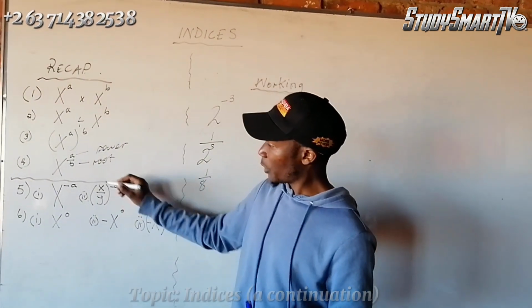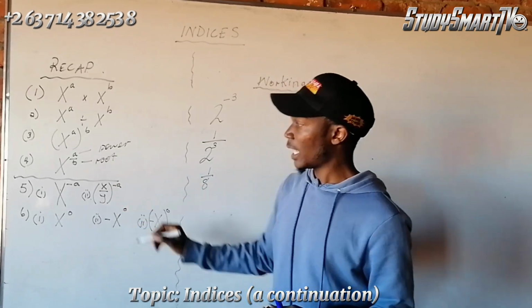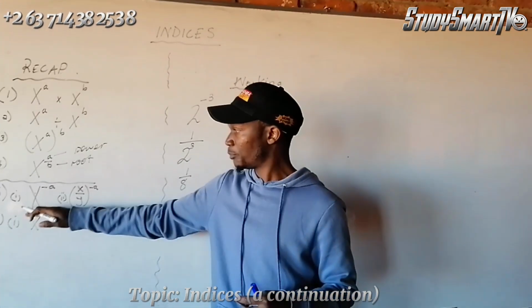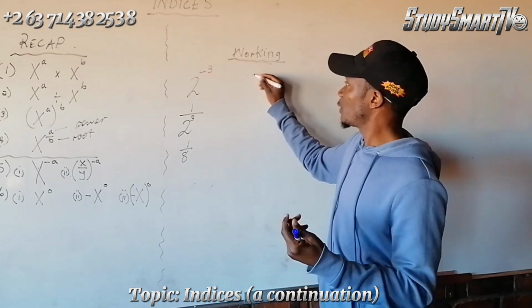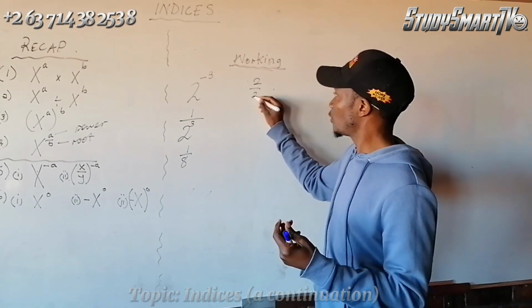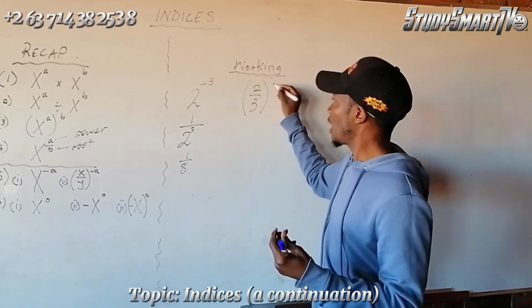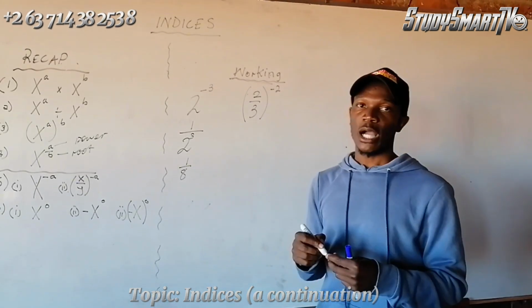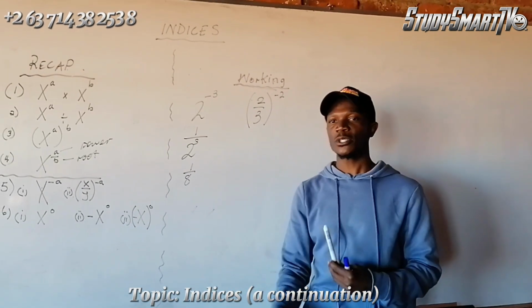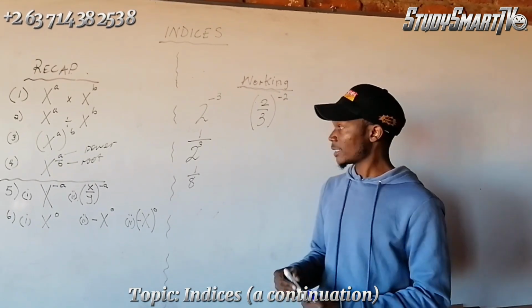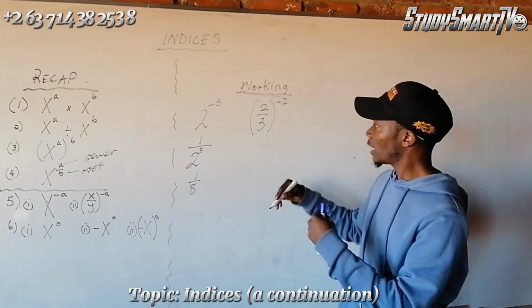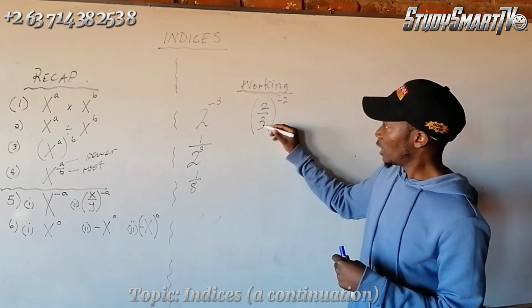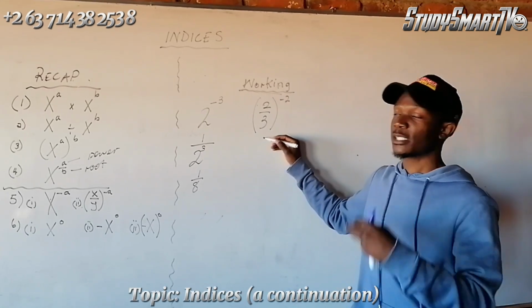Now let us look at when we have another different number. Here simply the base was 1, but let's look if it is a fraction. For example, we have 2 over 3 raised to a power negative 2. How do we simplify that? The concept is still the same, but it's only that we have a number which is now not 1. So here we simply find the reciprocal.